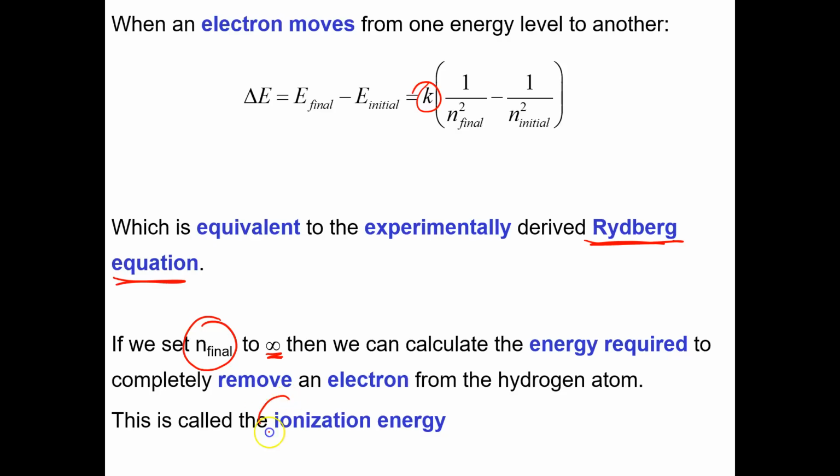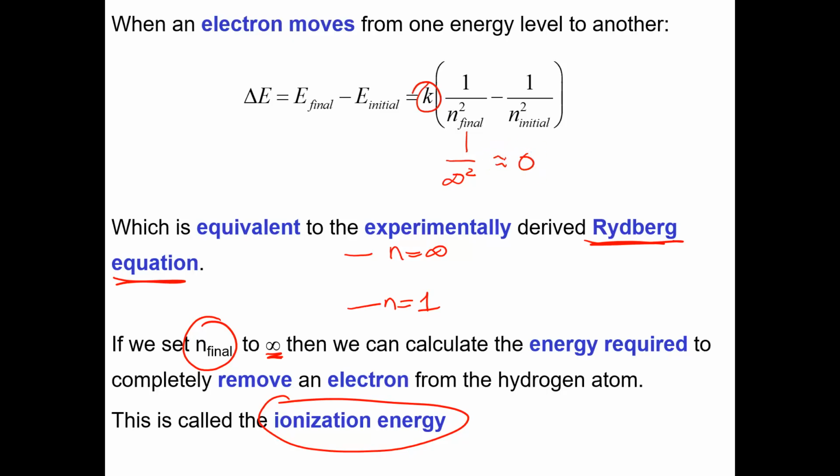So if you're ever asked to calculate the ionization energy, we're just going to go from some energy level, perhaps the ground state, up to the n equals infinity level. That's how you're going to solve that. And perhaps you can recognize that 1 over infinity squared is going to be equal to 0, isn't it? So it becomes quite simple to calculate that.